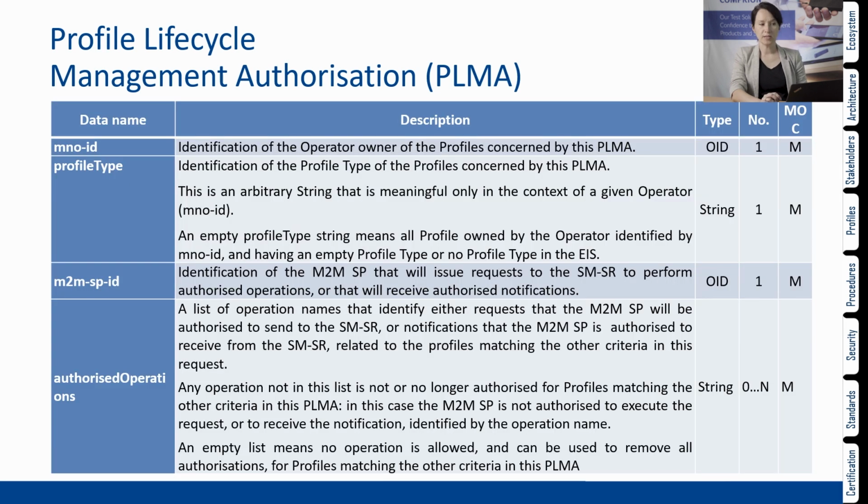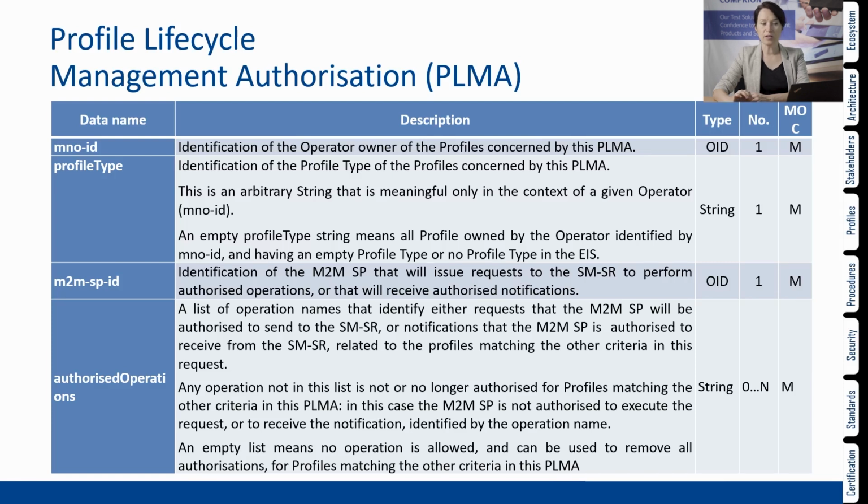For the profile lifecycle management authorization, there is some data which is included in this. What is important to know is, first of all, the operator ID, so the identification of the owner of the profile. Then the profile type of the profiles concerned by this PLMA.